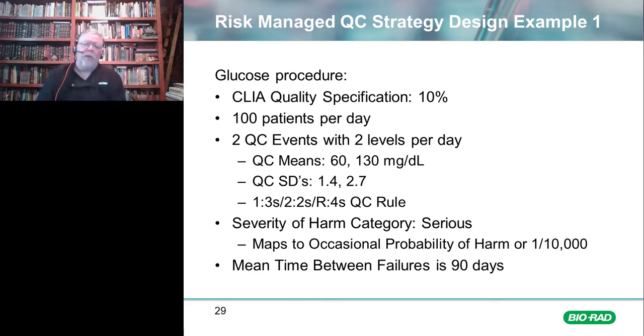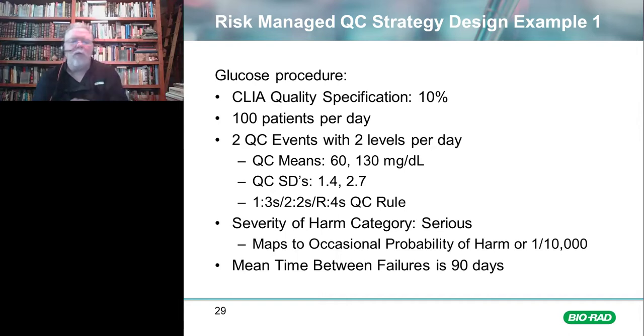Well, I've determined that for glucose and the way that the results that I'm producing are being used, the severity of harm category is serious. So that maps to a maximum acceptable probability of harm of 1 in 10,000. And I also have a reliability where my mean time between failures is 90 days.